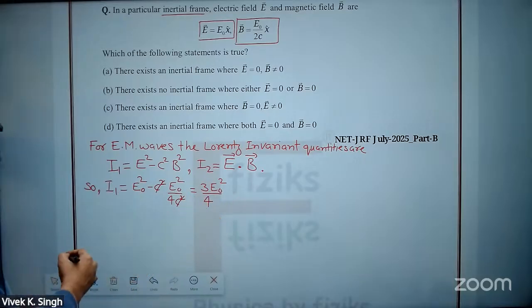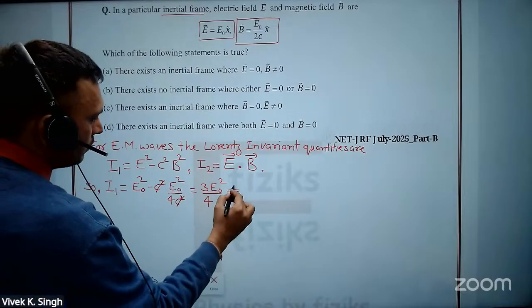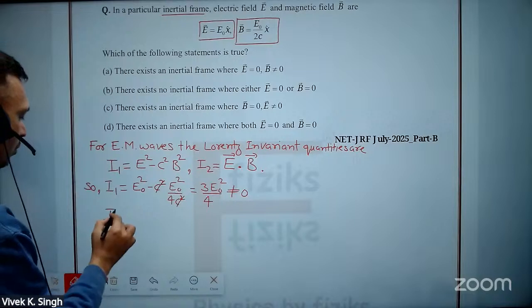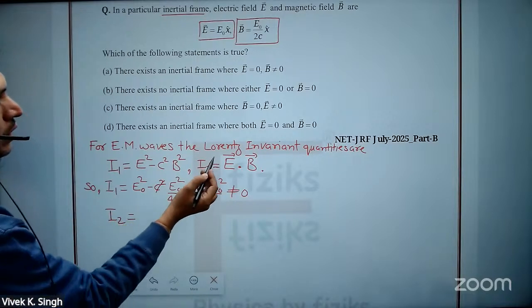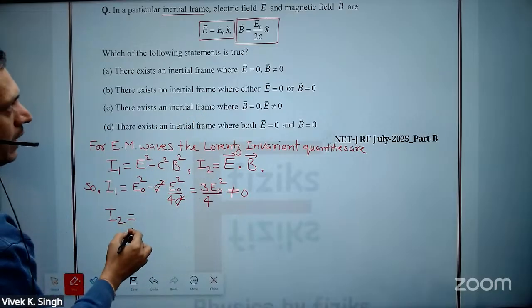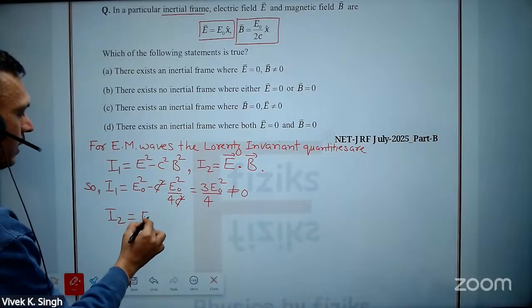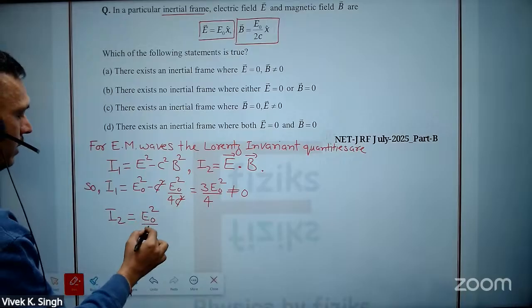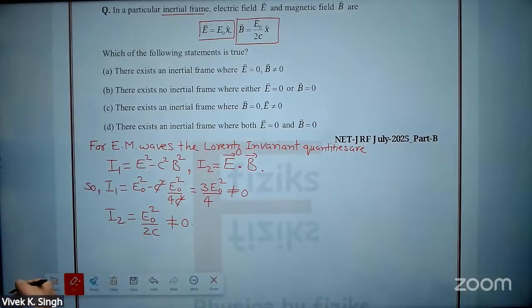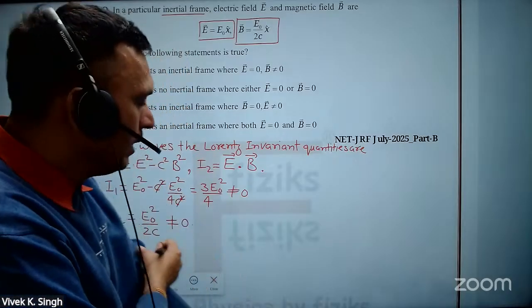So that will be I1, and that is non-zero. And what will be I2? I2 is, because E and B are parallel here, so x dot x will be 1. So what you will get is E naught square by 2C. That is also non-zero. So both I1 and I2 are non-zero.